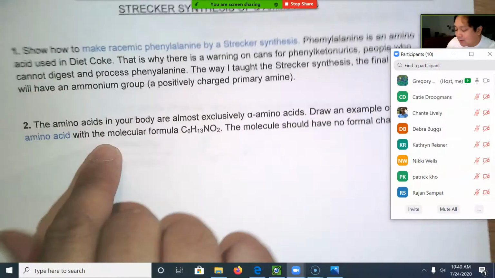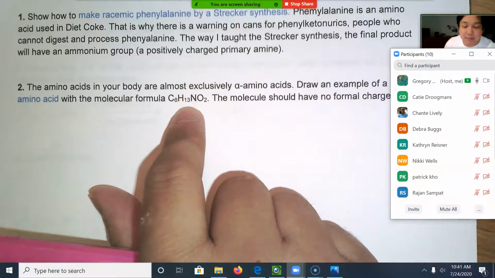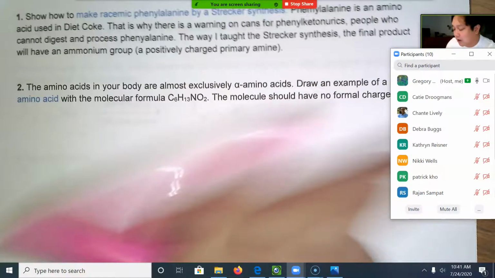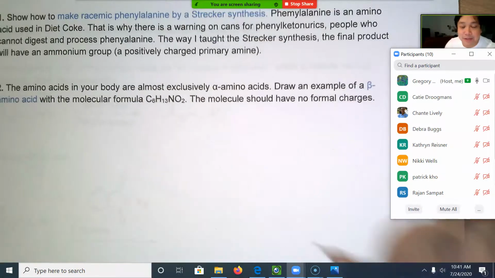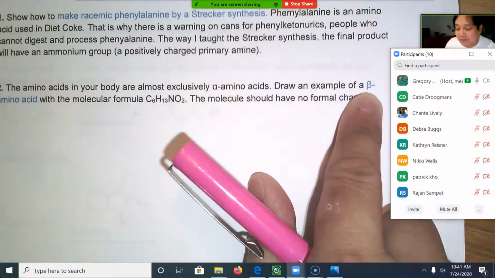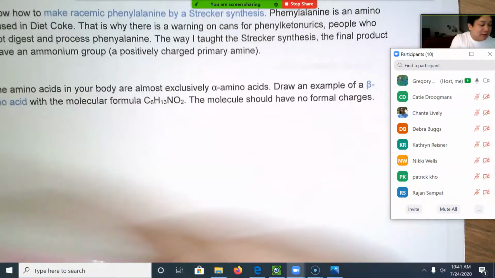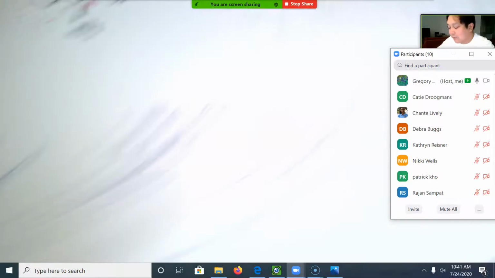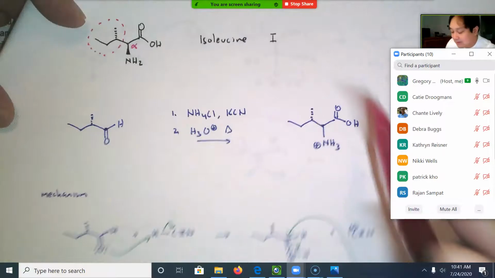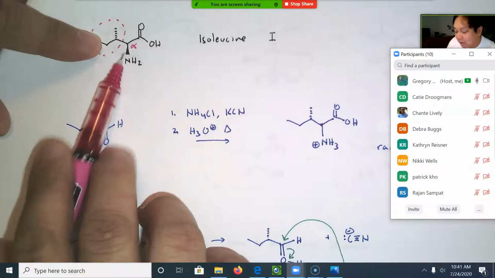The second problem is like an isomer problem. I give you a molecular formula and you draw me, it looks like an amino acid, but it's a specific type of amino acid. It's a beta amino acid. The beta means that the amine part is off of a beta carbon. So this is alpha amino acids because the amino part is off of the alpha carbon.